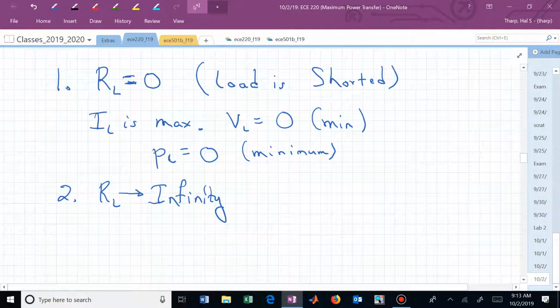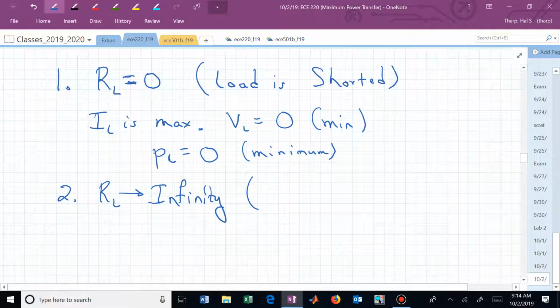What if we let the load go to infinity? What does that mean relative to R sub L? What does R sub L now look like if we let R sub L go to infinity? In the first extreme case, we put a wire there. Now what are we putting there? Nothing.